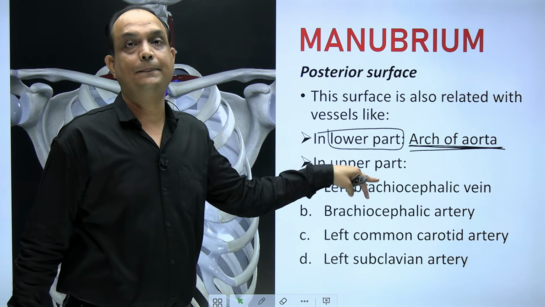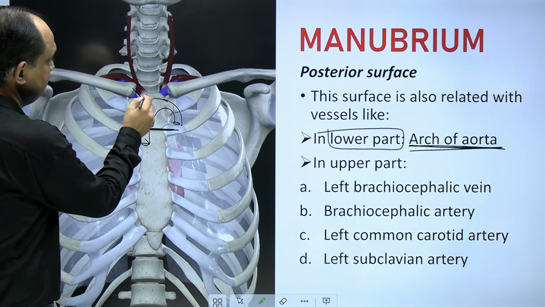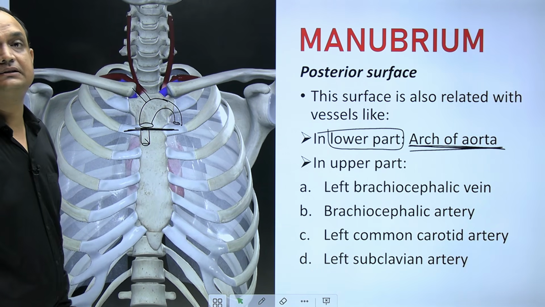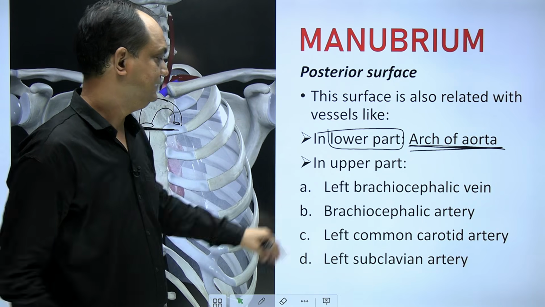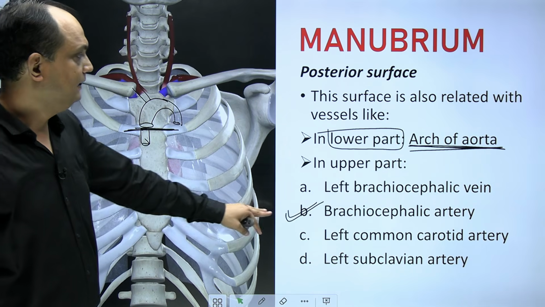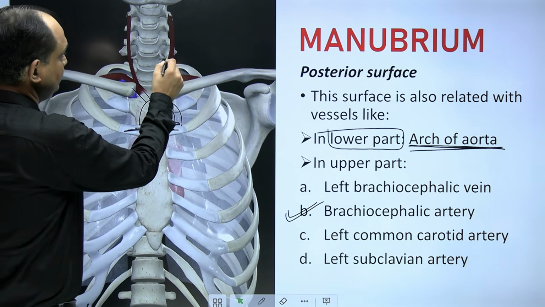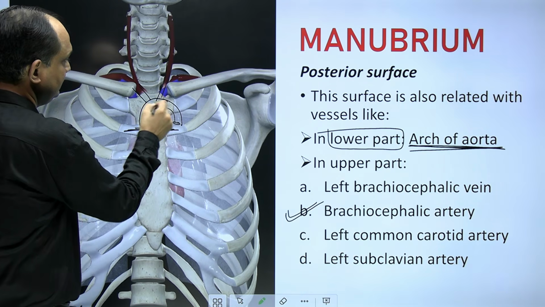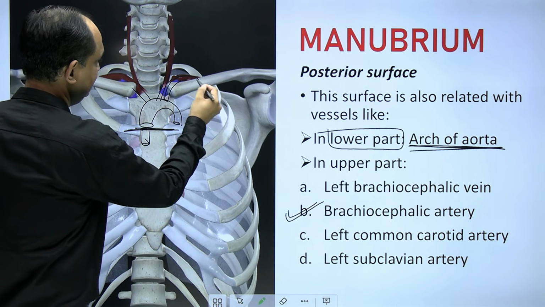Now in the upper part, what will happen? This arch of aorta will give the branches. Here you can see this is the brachiocephalic trunk, or you can say the brachiocephalic artery, which is in the relation. Then you have the left common carotid artery, which will come here in the relation, and the left subclavian artery that will go like this.